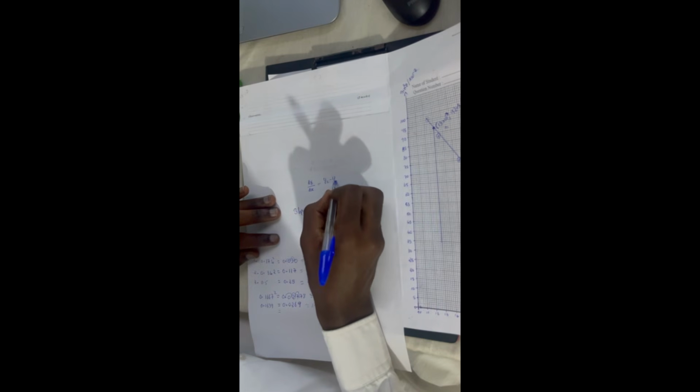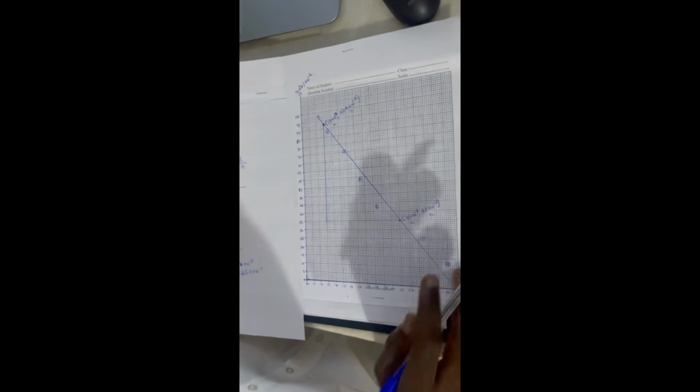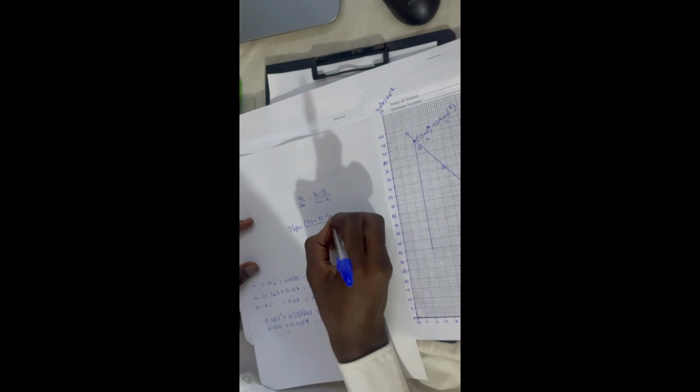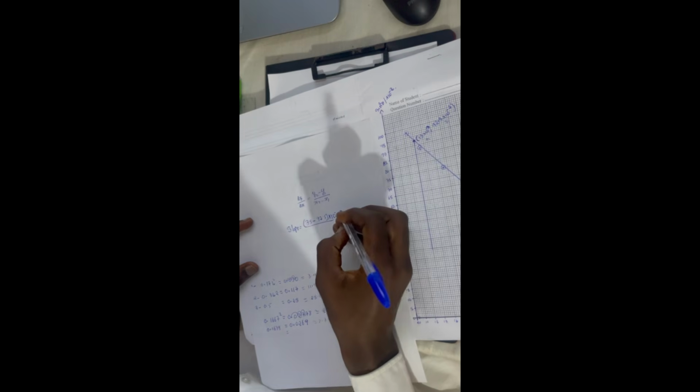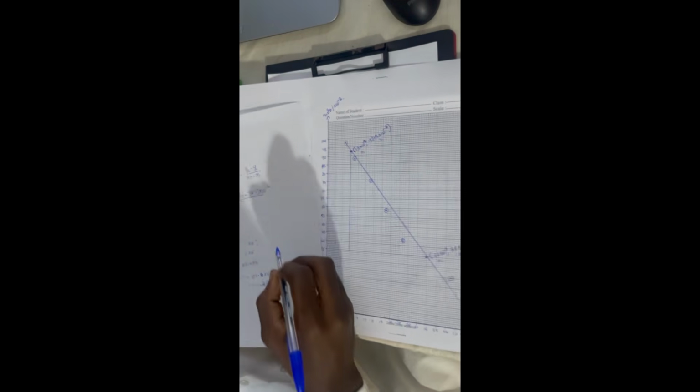So it will be y2 minus y1 over x2 minus x1. You can know it already. My y2 is 35 minus y1, 92.5, times 10 to the negative 2. So that is it.